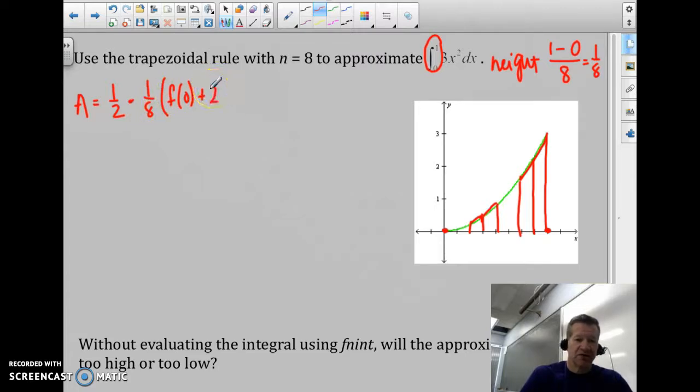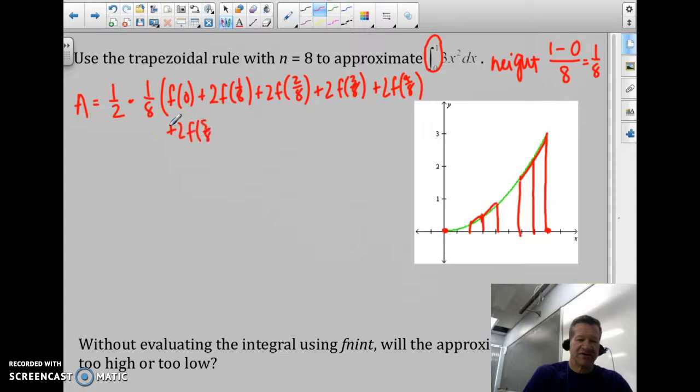So we're going to do 2 times all these: 2 times f of 1/8, plus 2 times f of 2/8, or 1/4 if you prefer, plus 2 times f of 3/8, plus 2 times f of 4/8, or a half. I'm going to wrap around here. 2 times f of 5/8, 2 times f of 6/8, 2 times f of 7/8, and then 8/8 only one time, f of 1 just once.